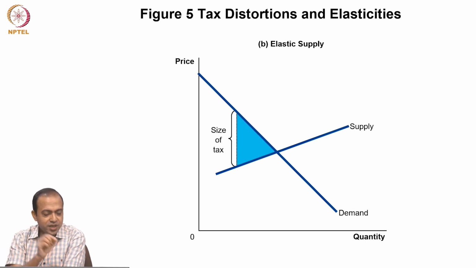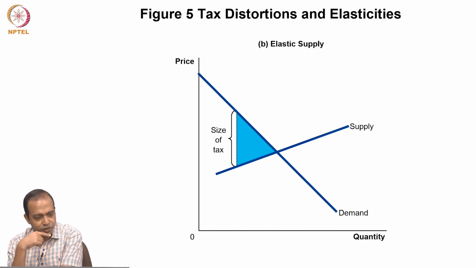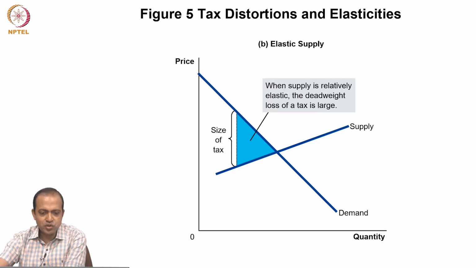So, when the size of the tax is the same, if you change the slope of the supply curve, then deadweight loss is increasing. As elasticity increases, earlier it was inelastic, now it is elastic. So, what is happening? Size of the deadweight loss is increasing.